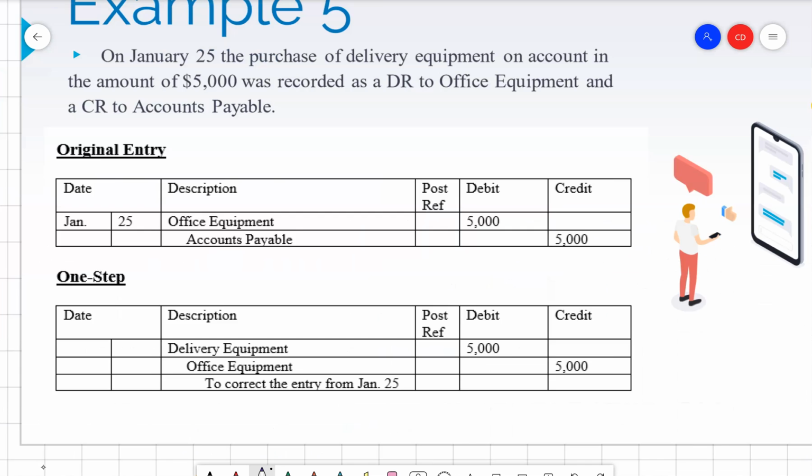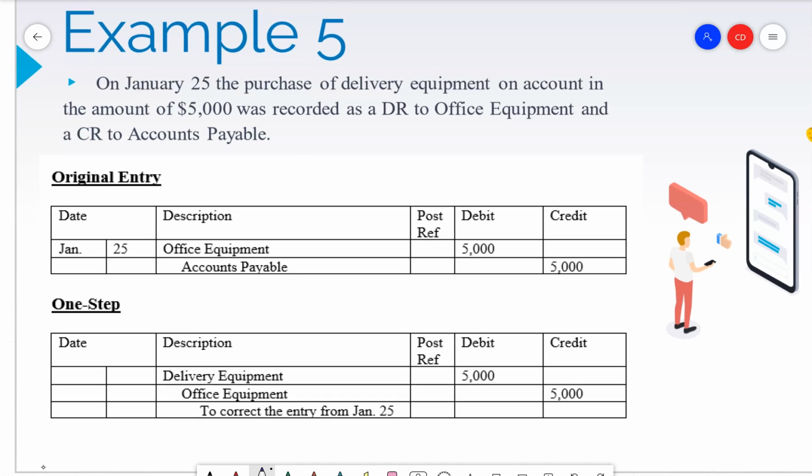All right, and our final example. On January 25th, the purchase of delivery equipment on account in the amount of $5,000 was recorded as a debit to office equipment and a credit to accounts payable. So for this example, we just debited the wrong account, all right?